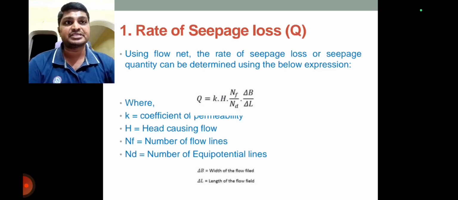That is the rate of seepage loss, which is denoted by Q. By using the flow net, the rate of seepage loss can be determined by the equation Q = k H (N_F / N_D) ΔB ΔL, where k is the coefficient of permeability, H is the head loss or head causing the flow, N_F is the number of flow lines, N_D is the number of equipotential lines, ΔB is the width of the flow field, and ΔL is the length of the flow field.